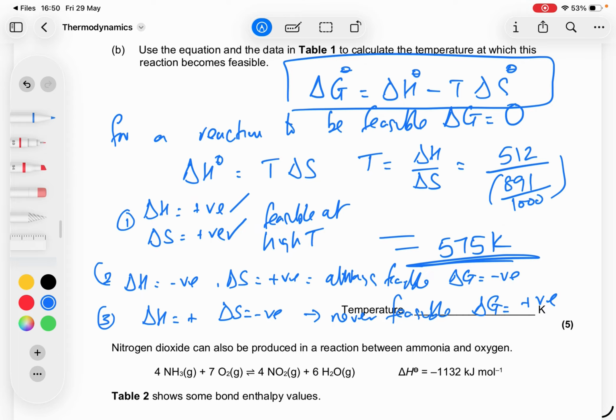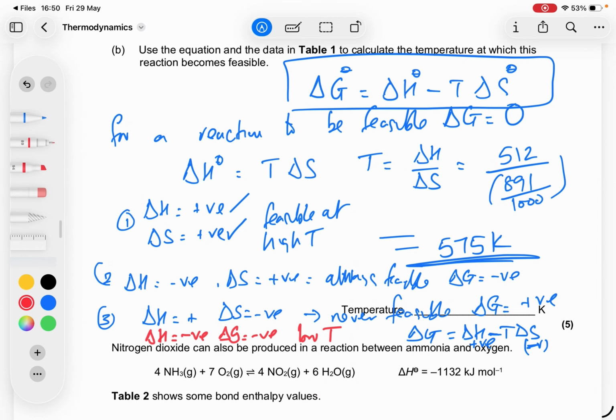And you can work that out by using delta G equals delta H minus T delta S. If delta H is positive, delta S is negative, then a negative and a negative becomes positive, and delta G is always positive. And in the last scenario, where delta H is negative and delta S is negative, then that reaction is feasible at a low temperature.